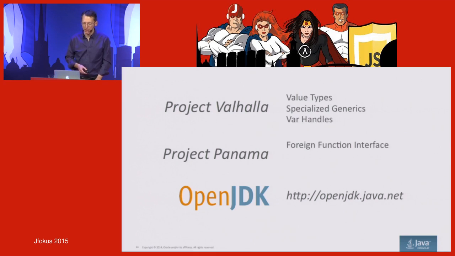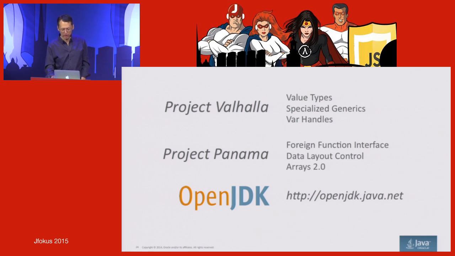The other is Panama, which is focused on a new foreign function interface, data layout control, and arrays 2.0. If you're curious about these, you can go to openjdk.java.net and find these projects. There are some initial design documents. There are working prototypes in source code, but they're really bleeding edge. But we're already getting a lot of good feedback on them.